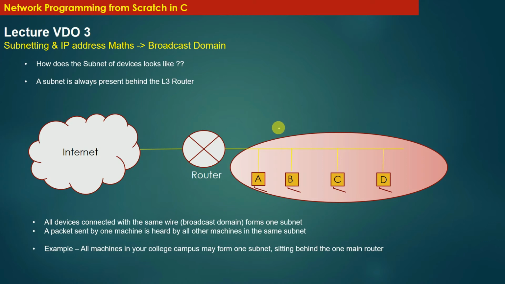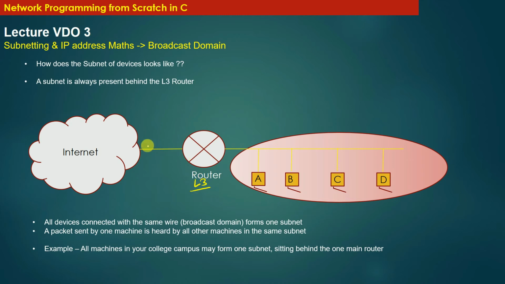Also, one point that I would like to discuss here is that whenever machines which are present in different subnets want to communicate with one another, then the data has to be forwarded through an L3 router.